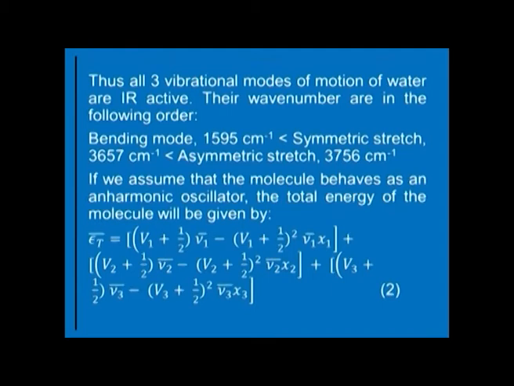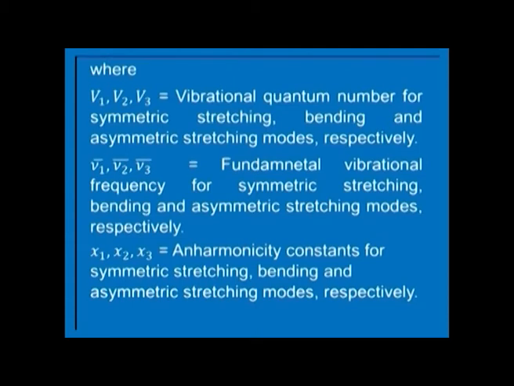If we assume that the molecule behaves as an anharmonic oscillator, the total energy of the molecule will be given by equation 2 as E bar total equals (V1 plus half) nu1 bar minus (V1 plus half) whole square nu1 bar x1, plus (V2 plus half) nu2 bar minus (V2 plus half) whole square nu2 bar x2, plus (V3 plus half) nu3 bar minus (V3 plus half) whole square nu3 bar x3, where V1, V2 and V3 are the vibrational quantum numbers for the symmetric stretching, bending and the asymmetric stretching modes respectively.